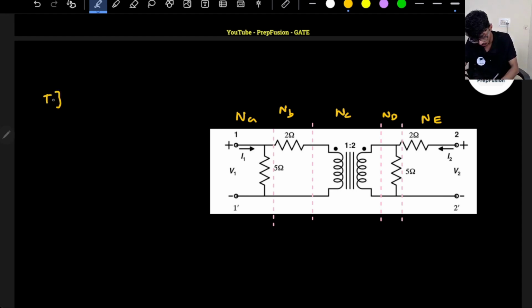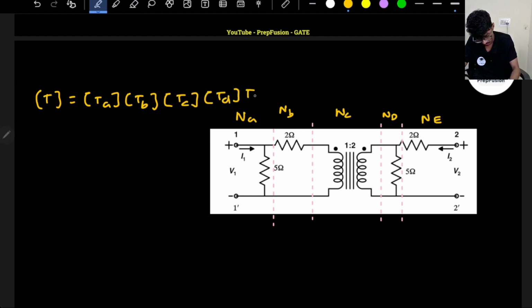Your overall two port network parameter will be TA into TB into TC into TD into TE.